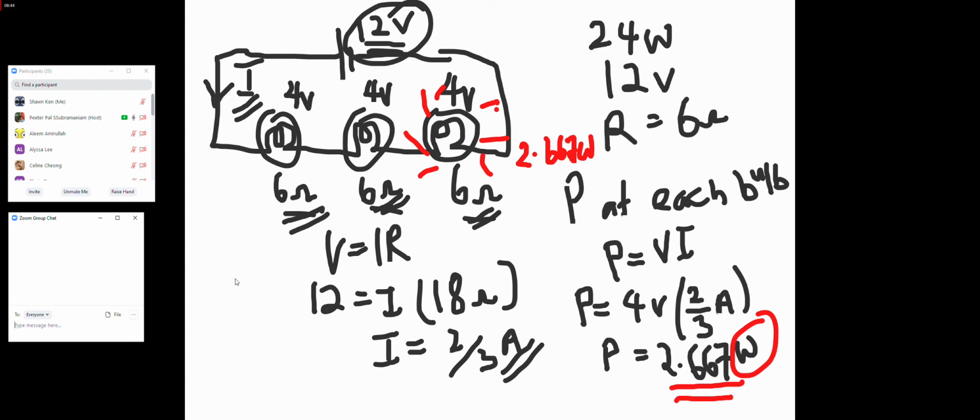The parallel was brighter because how many watts was the parallel emitting just now? 24 watts, right? Parallel was emitting 24 watts of power, but the series is only able to emit 2.667. So if you understand this comparison, okay, let's go back here.